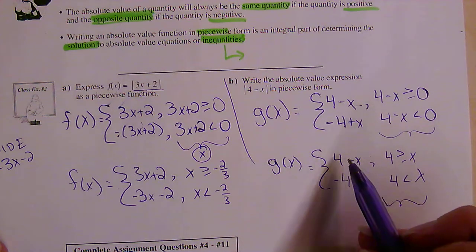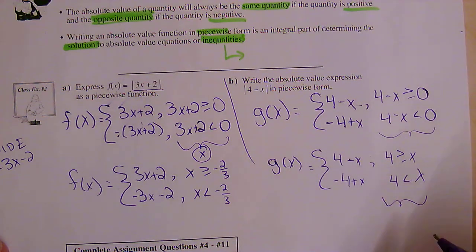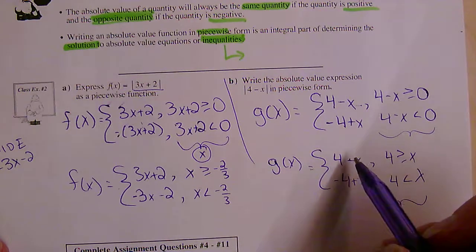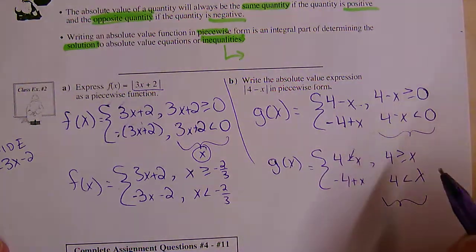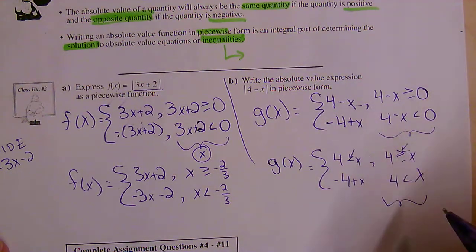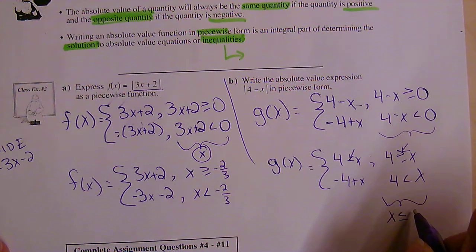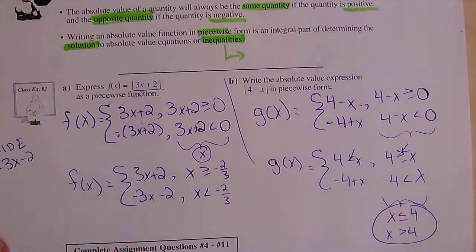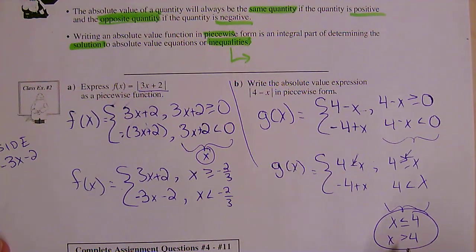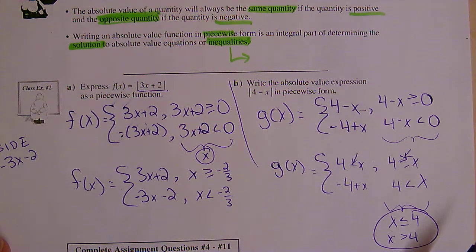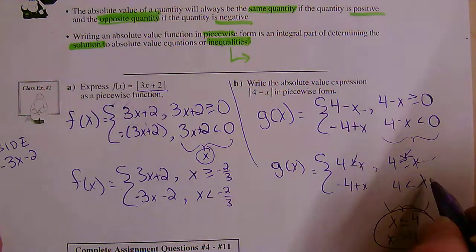Remember, if you have to move something over, you have to switch the sign, and then remember to switch the inequality sign. So x is going to be less than or equal to 4, and x is going to be greater than 4. If we wanted the 100% kind of thing, we would write it that way, but I would accept this on a test. It's saying the same thing.